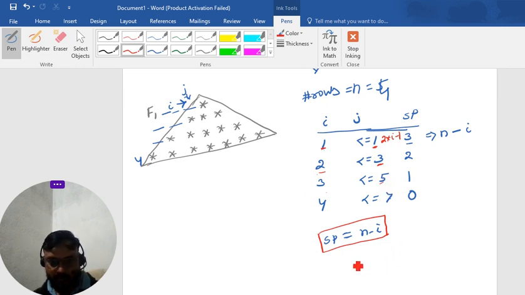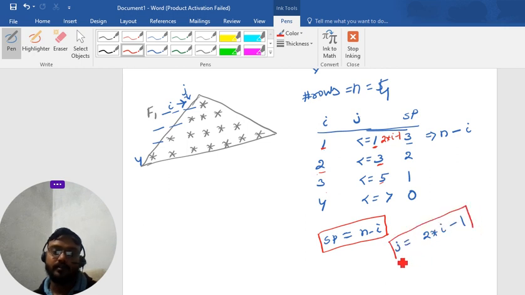So J is nothing but the relationship with respect to I: 2 into I minus 1. This is the relationship for J with respect to I, right?